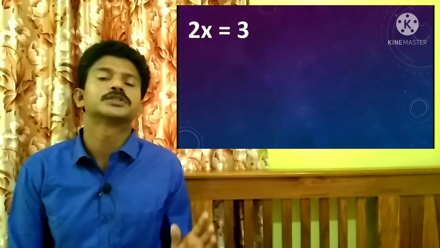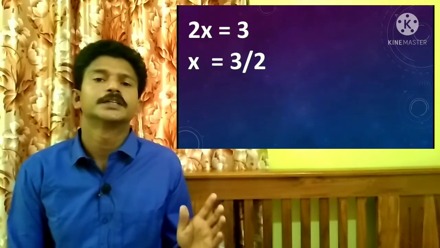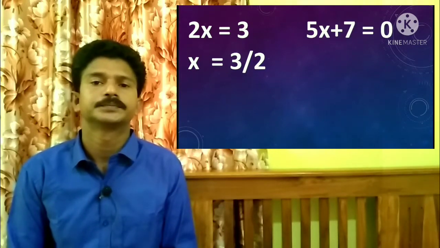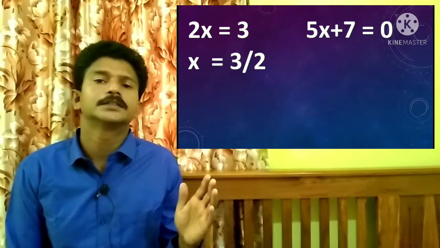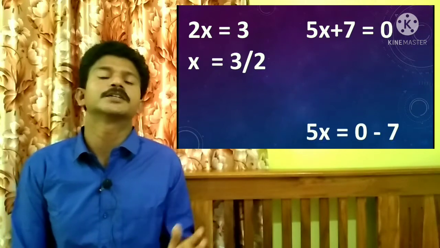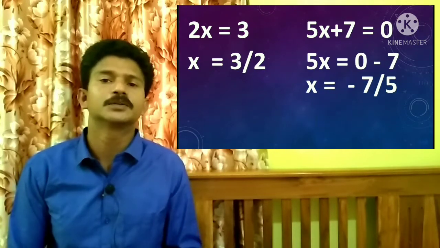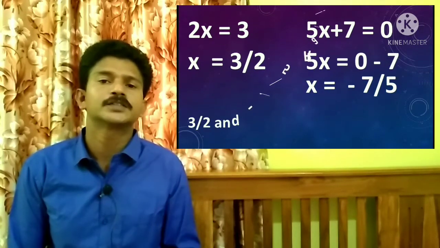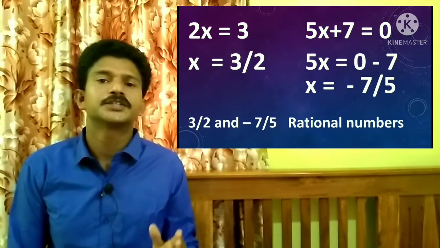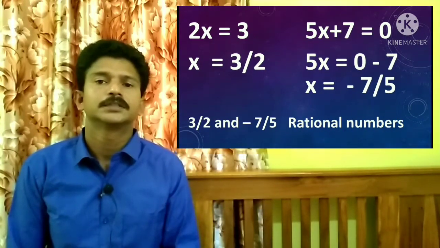Here, the solution for this equation is 3 by 2. Let us take another equation, 5x plus 7 equal to 0. When you solve this equation, we get the value of x equal to negative 7 by 5.